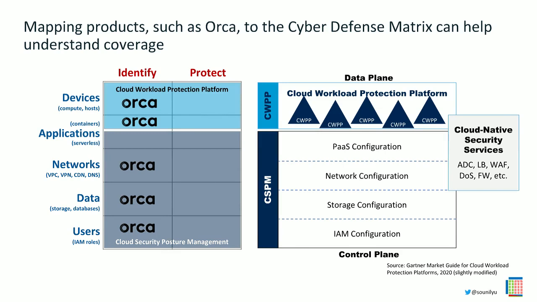Now, note that Orca is largely on the identify function, since they're essentially doing a vulnerability assessment across these various asset classes in the Cyber Defense Matrix. But note that they don't do protect, at least not that I could tell. What they do is they alert you to issues and provide you recommendations. But for the time being, you will need something else to actually go perform the protect function.